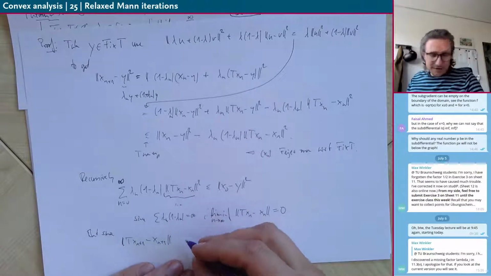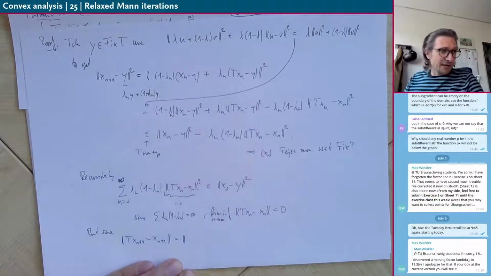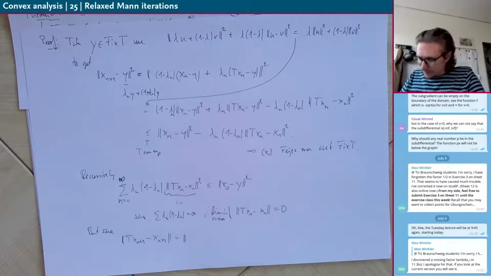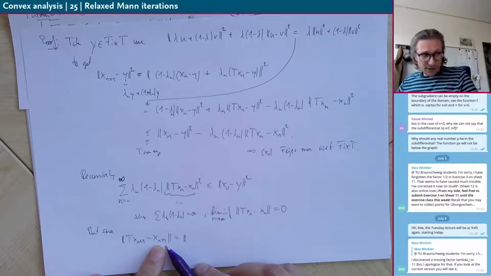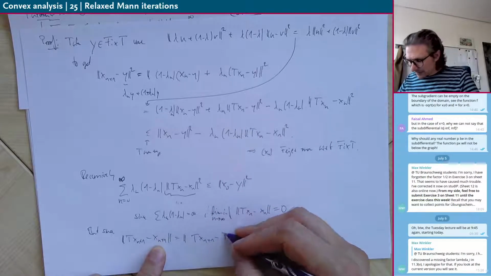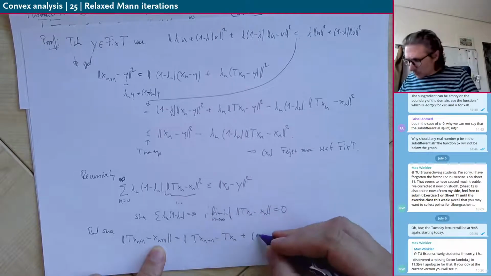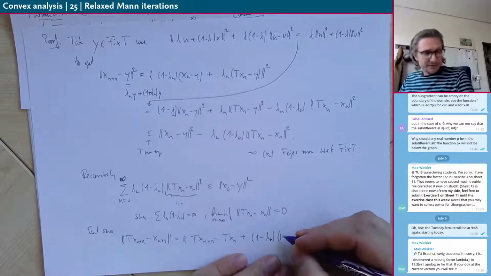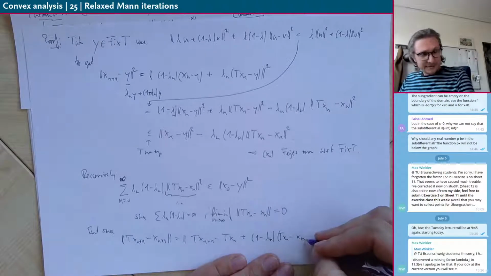This is actually equal to, and again we plug in, we replace xn by the iteration xn plus 1. If we do that, we end up with Txn plus 1 minus Txn plus 1 minus lambda n times Txn minus xn.